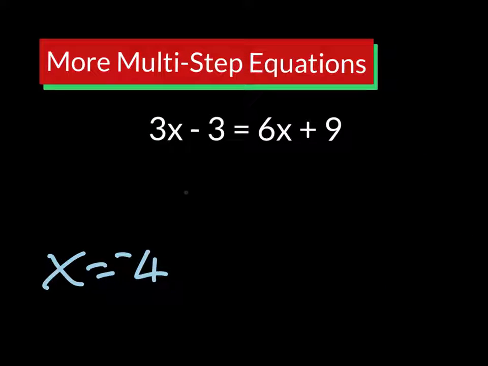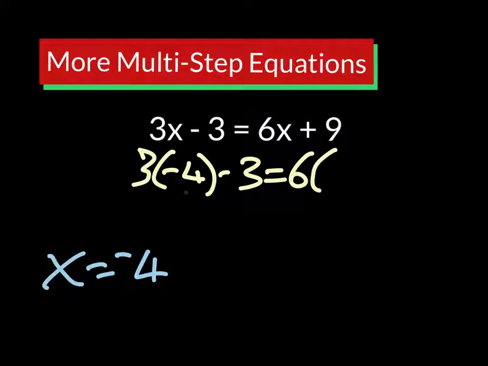Now we could actually check this to make sure that it's right by substituting our solution, negative 4, for x into the original equation. So let's try that. We have 3x, so x is negative 4, minus 3 is equal to 6, and x is negative 4 plus 9.